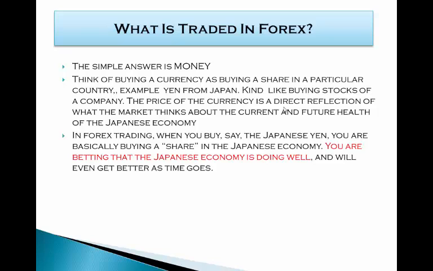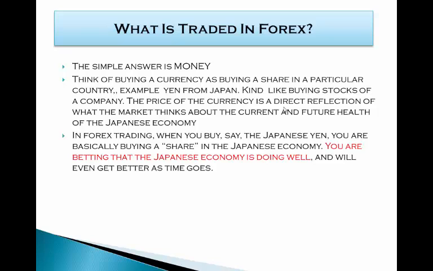So when we say we trade forex, basically we buy and sell currency, money. If you think that particular currency is going up, you buy. And if you think the other currency is going down, you sell, that's it. Simple as that, right? It's not much different from trading stock, right?